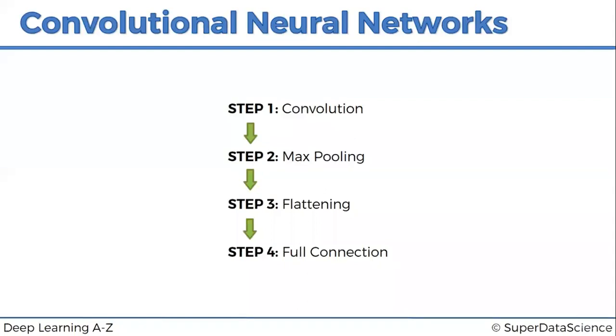After performing the convolution operation and detecting all these features, the image size is a little bit bigger. If you have more pixels in an image, to process all those pixels it will take more time. To avoid that problem, we need to reduce the image size. To reduce the image size, we need to perform the pooling operation.